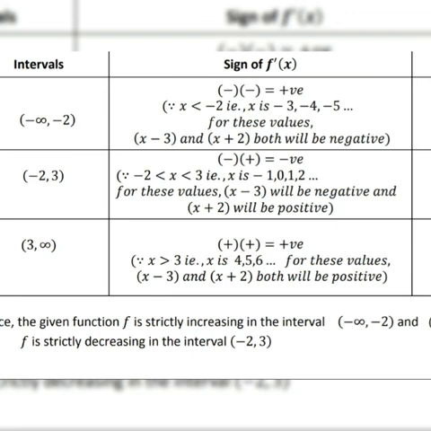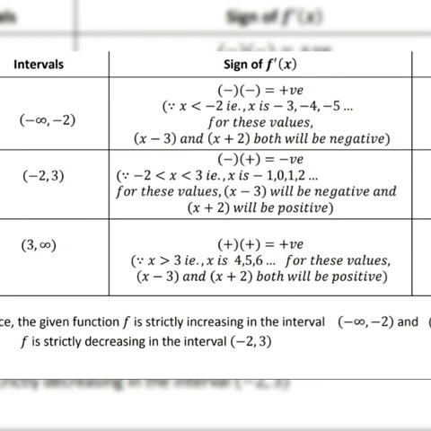Now, let us check the first interval from minus infinity to minus 2. You take any value between minus infinity and minus 2. Say you can take minus 3, minus 4, minus 5. All these values are less than minus 2. And that value which you have picked up, substitute in the expression which you have for f prime of x. And check for the sign, only for the sign.